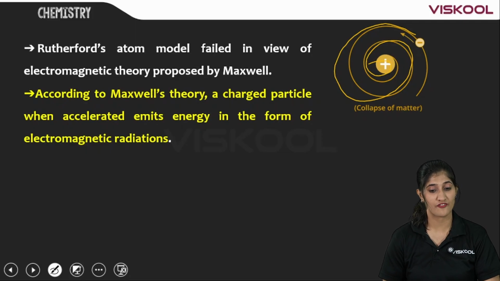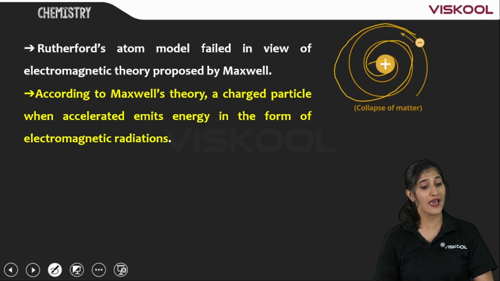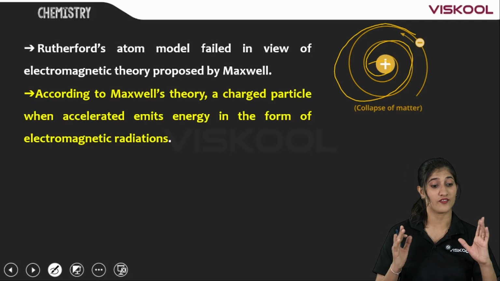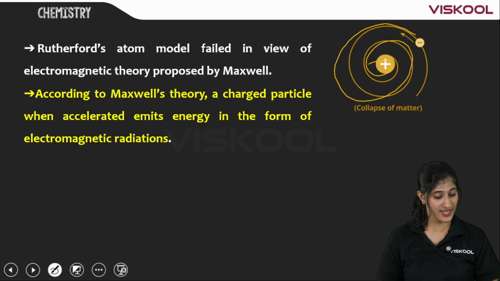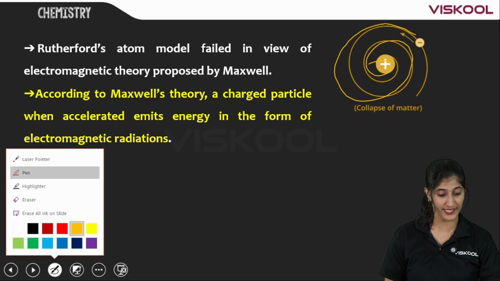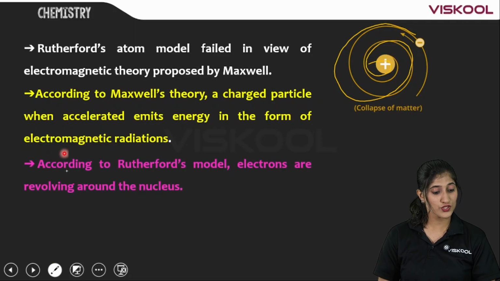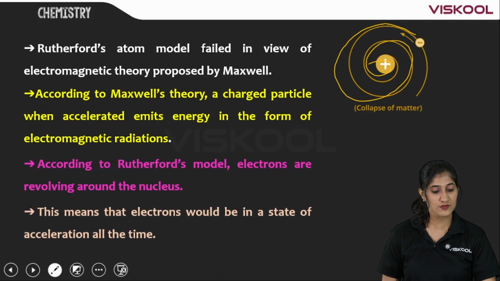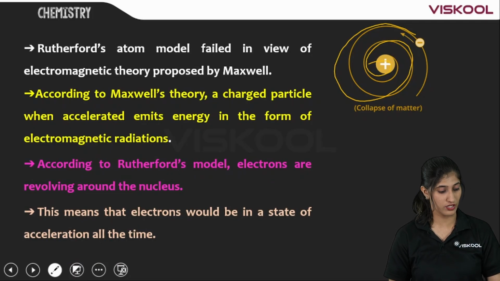Rutherford atom model failed in the view of electromagnetic theory proposed by Maxwell. According to Maxwell's theory, a charged particle when accelerated emits energy in the form of electromagnetic radiation. According to Rutherford's model, electrons are revolving around the nucleus. This means that electrons would be in the state of acceleration all the time.